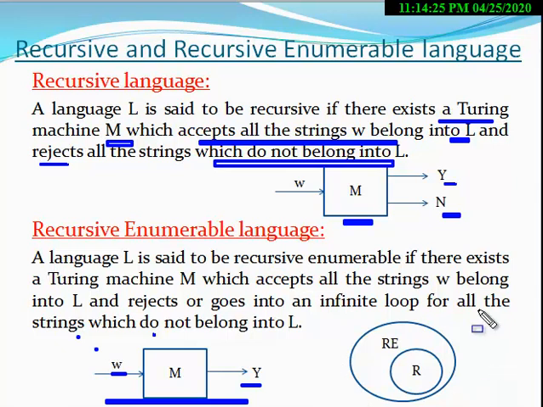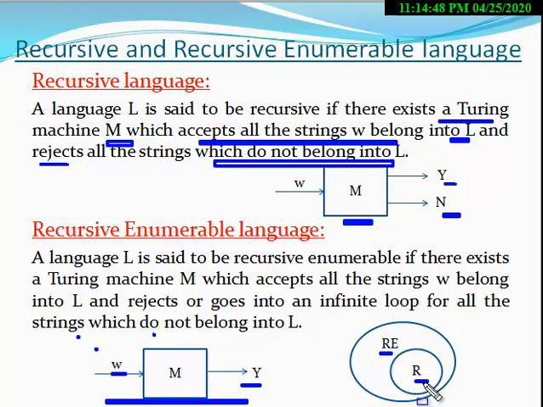So look, this is the relation. If R denotes the set of recursive languages and RE denotes the set of recursive enumerable languages, then R is a proper subset of RE.